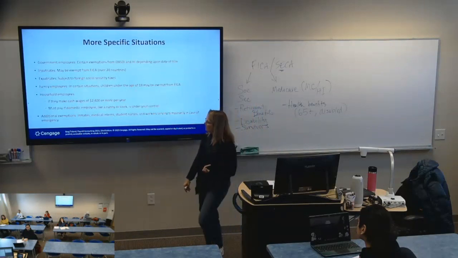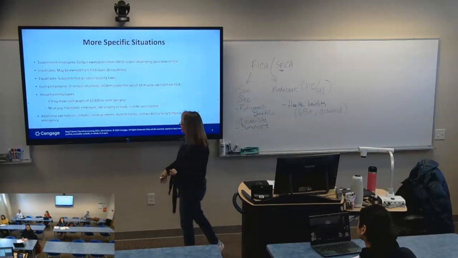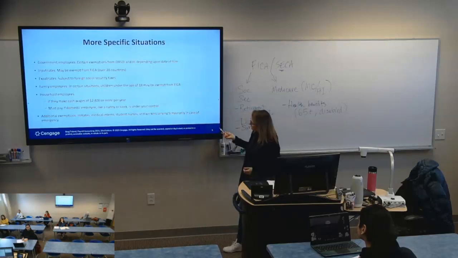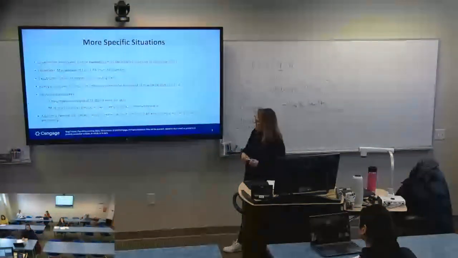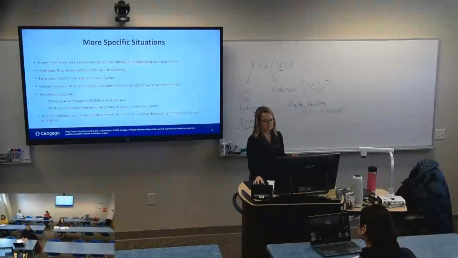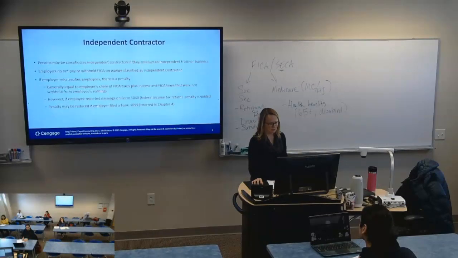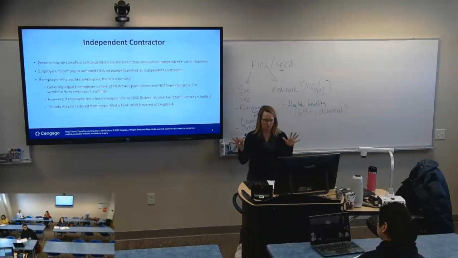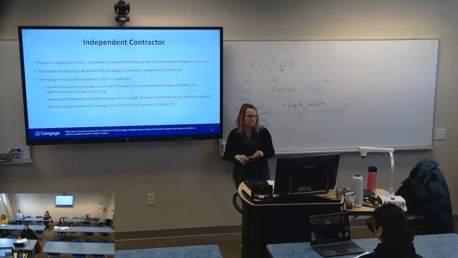If they make less than that, then they are not subject to FICA taxes. There are some other exemptions, and lots of specific exemptions, but we're not going to go through all of the different scenarios.